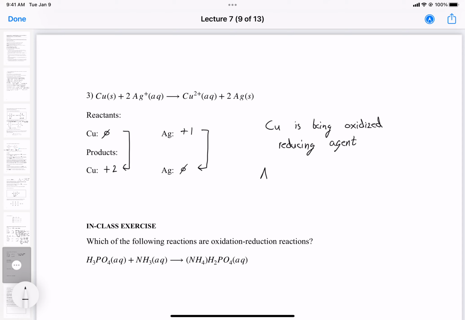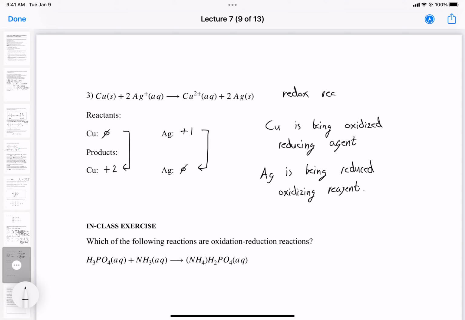And then silver is being reduced. Silver is being reduced. So this is the oxidizing reagent. Okay? All right, so these are redox reactions. So definitely a redox reaction.